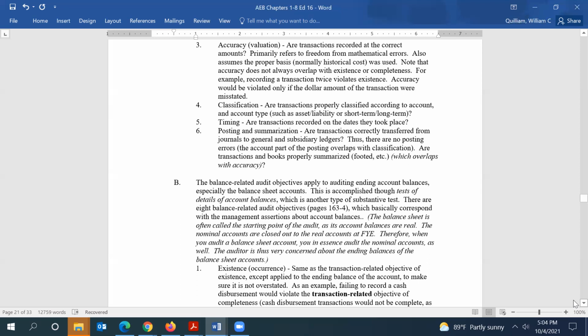And also, are transactions and books properly summarized, footed, etc. That overlaps a little bit with accuracy. That's okay, these are not mutually exclusive. And that takes care of the transaction-related audit objectives.